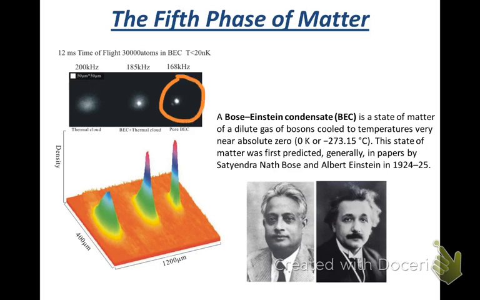Here is the actual pure Bose-Einstein condensate, and it's showing it as it progresses. It's a state of matter of a dilute gas of bosons cooled to temperatures very near absolute zero. This state of matter was first predicted generally in papers by Satyendra Nath Bose and Albert Einstein in 1924 and 1925. This is an actual picture of, I think, the first Bose-Einstein condensate formed.